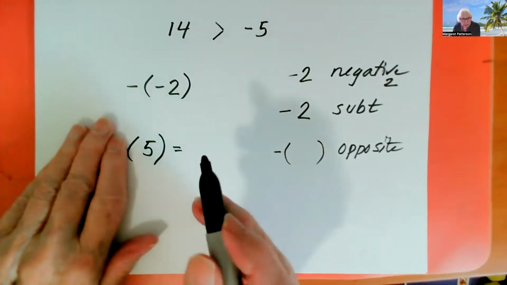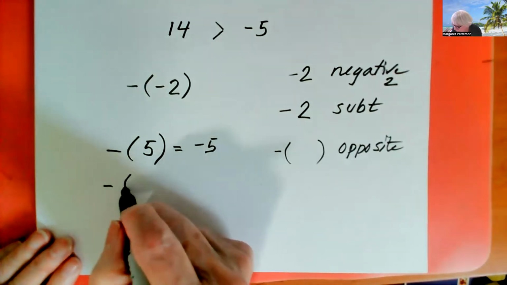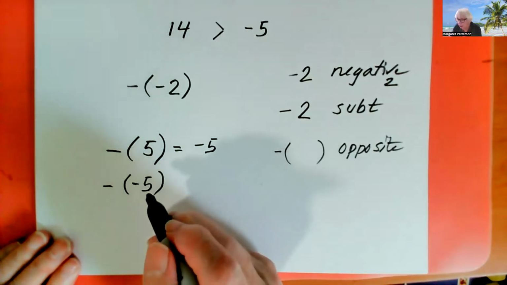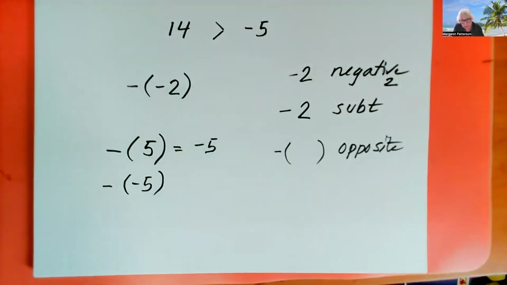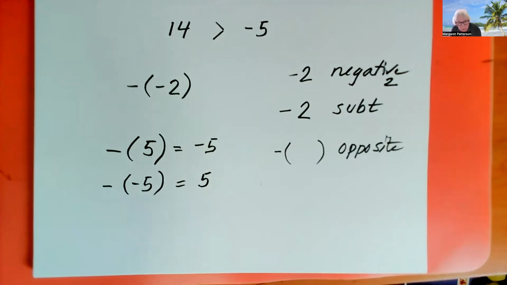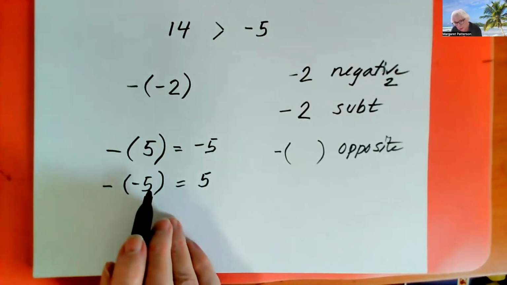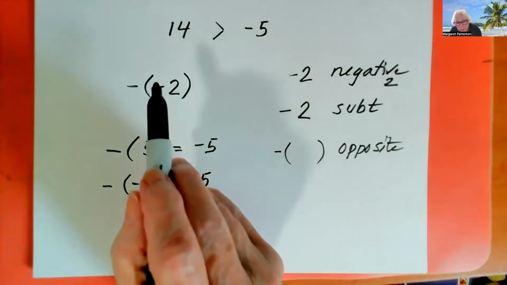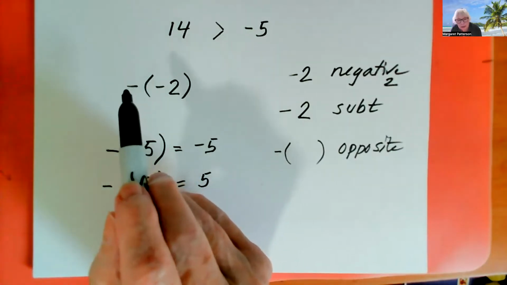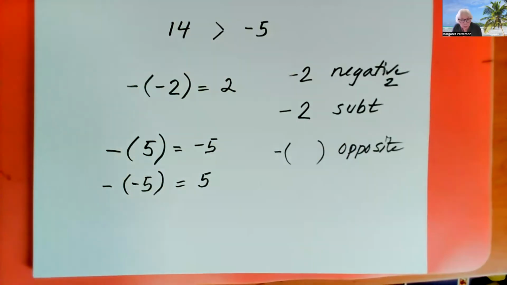And so the opposite of +5 would be -5. The opposite of -5, the other side, would be +5. So when you do opposites, basically, if it's positive to begin with, it goes negative. If it's negative to begin with, it goes positive. So this gets us back to this problem here. The opposite of -2 would be 2, or +2, but we don't really say it positive.